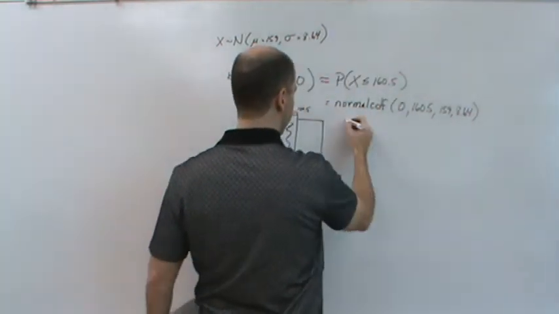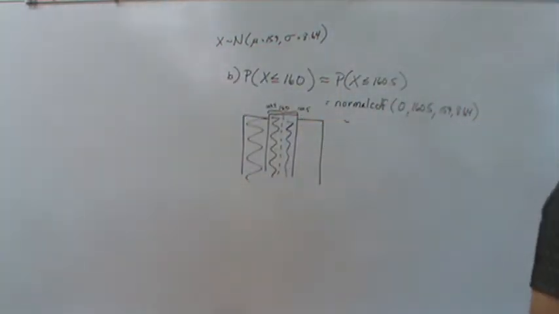And so now, what do we get? Well, let's put it in our calculator. And so we're going to put in 0, 160.5, 159, 8.64, and enter.